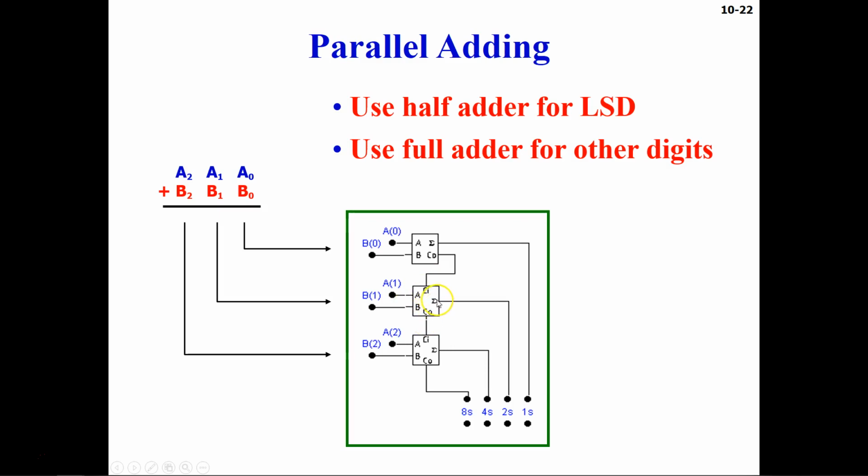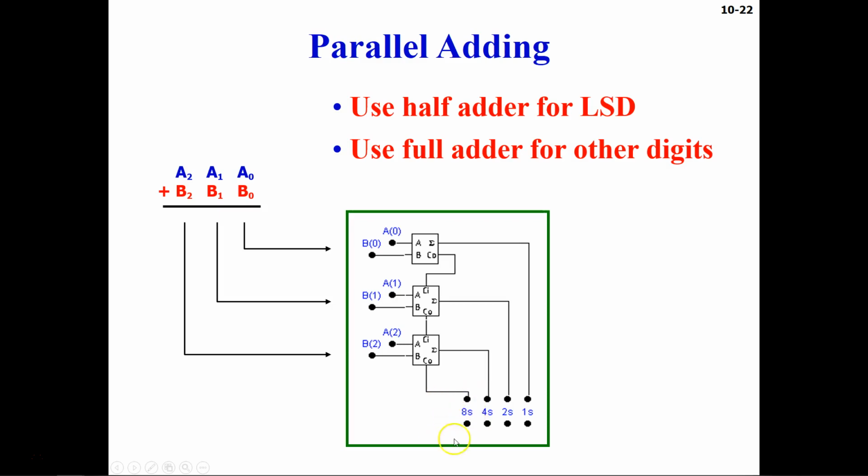Whatever the sum is comes out here, and the carry out goes into the full adder and works as a carry in, and then you have these two inputs going in here, and then the sum is here, and the final carry out works as the most significant bit.